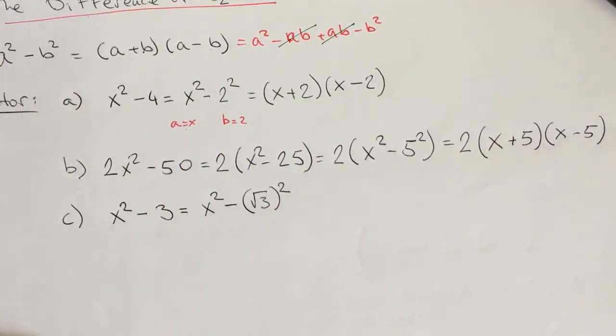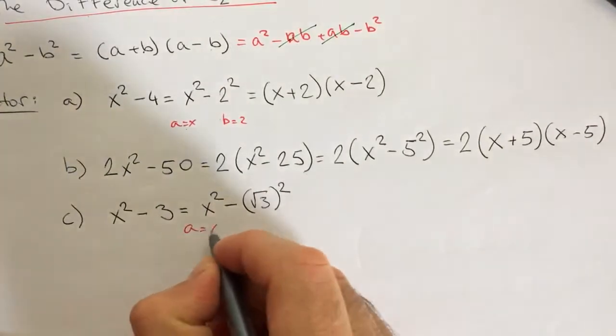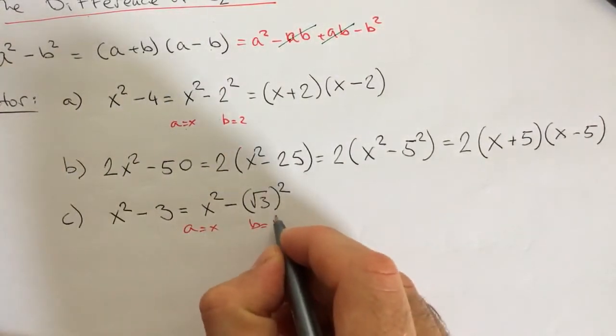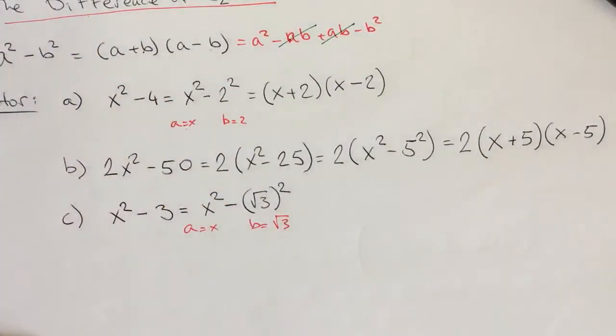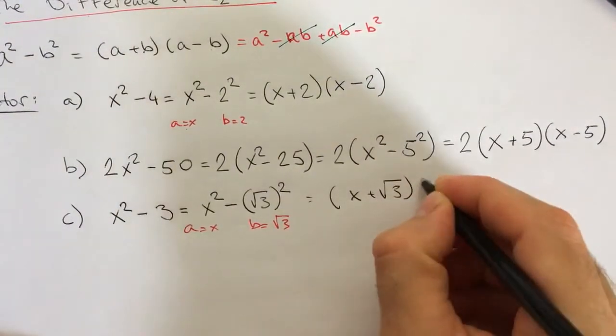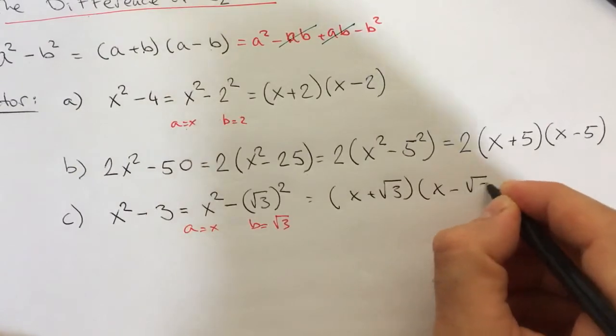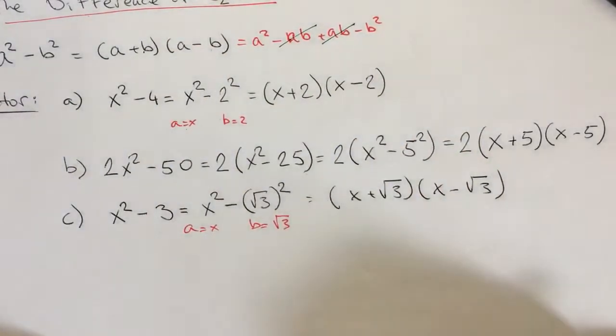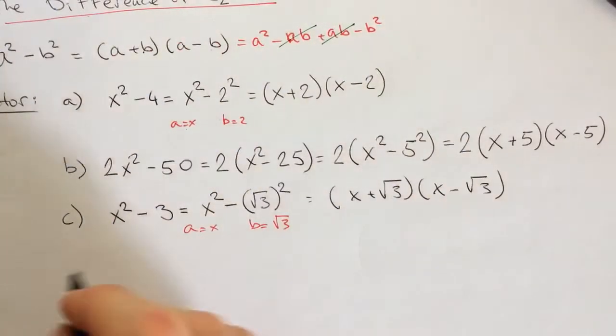And then you proceed just by, here a is going to be x, b is going to be square root of 3 in our case, so you can factor this as x plus square root of 3 times x minus square root of 3.